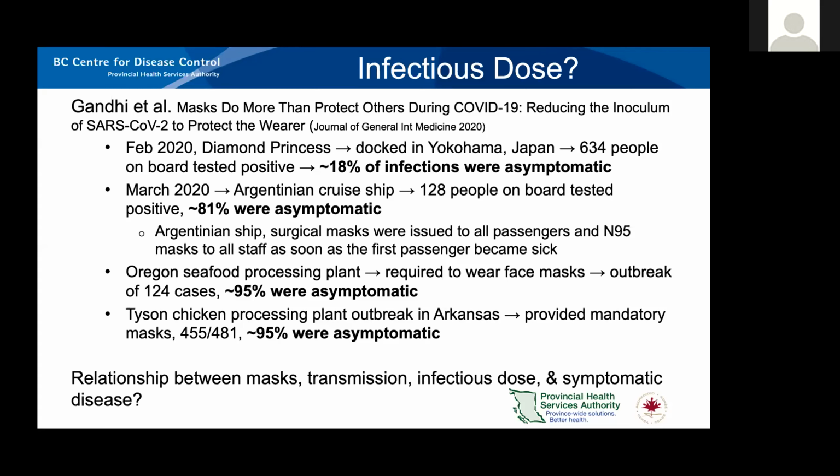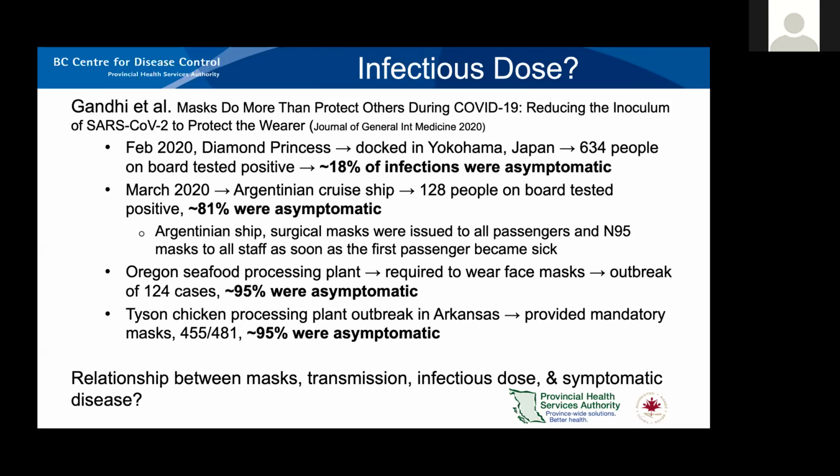They were tested, and 18% of their infections were asymptomatic. And then it compared it to an Argentinian cruise ship where they had 128 people on board. In that ship, 81% were asymptomatic. The difference was that on the Argentinian ship, surgical masks were issued to all passengers and N95s to all staff as soon as the first person got sick.